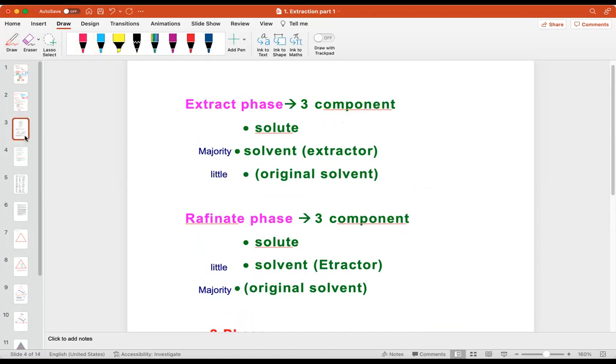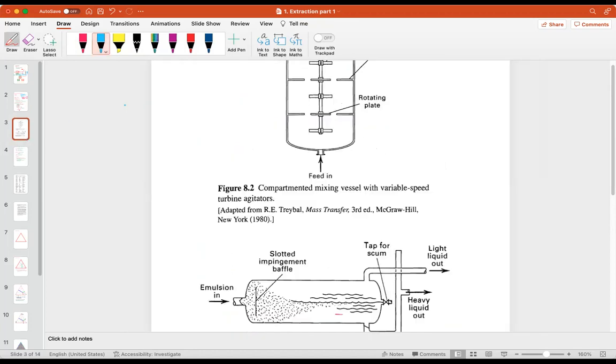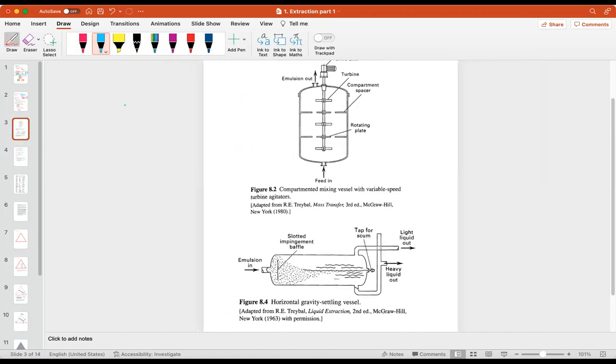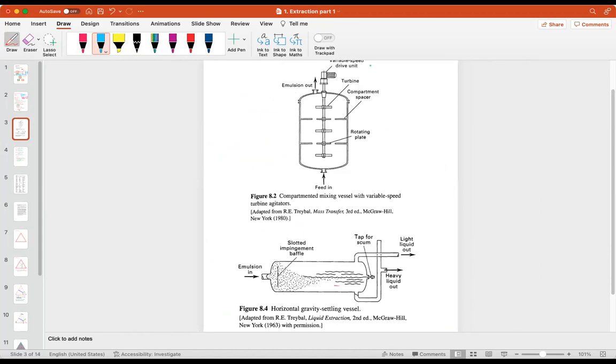Based on this mixer and settler, let me just go slowly. We have the mixing, let's say the emulsion, and we have the feed.